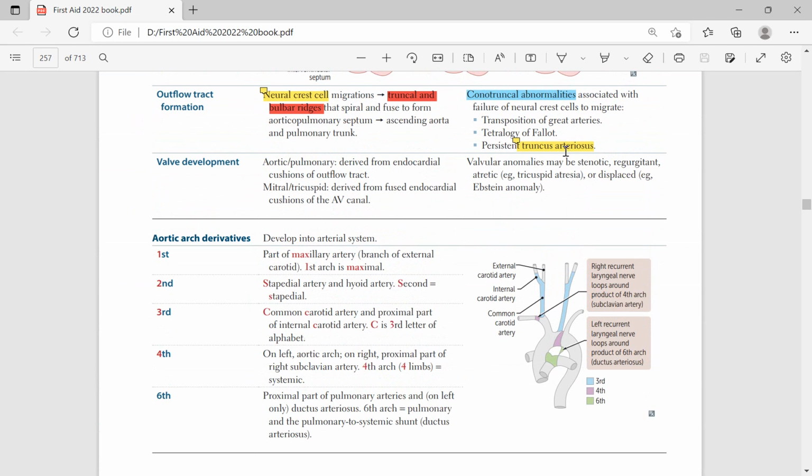Ebstein anomaly can be caused if the mother is exposed to lithium. Lithium is an antipsychotic drug.